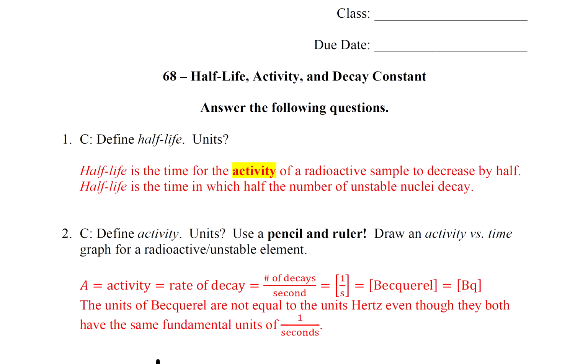Lambda is the decay constant. t is the time, in seconds. So you see lambda t has no units, which is good because the exponent, minus lambda t, should have no units. So time is on the horizontal, and N as a function of t is on the vertical.